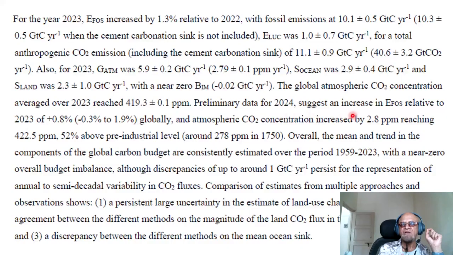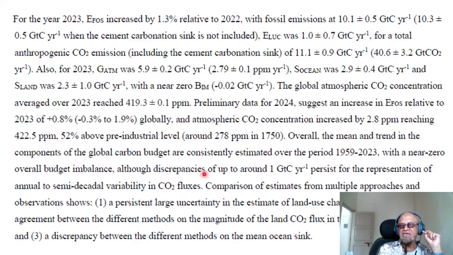Preliminary data for 2024 suggest an increase in EFOS relative to 2023, so we continue to burn more fossil fuels. Globally, the atmospheric CO2 concentration increased by 2.8 ppm, reaching 422.5 ppm, 52% above the pre-industrial level of 278 ppm in 1750.